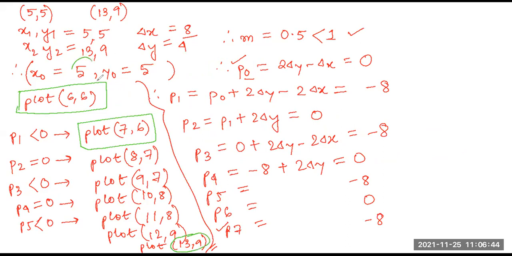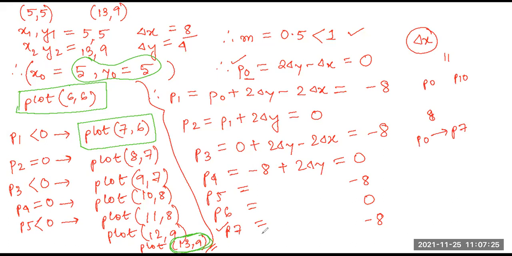Always remember you need to run this algorithm for del x times. Since you start from P0, if del x is 11 you go from P0 to P10, if it is 8 then from P0 to P7. The moment you reach P7, you calculate the next updated point and stop there.